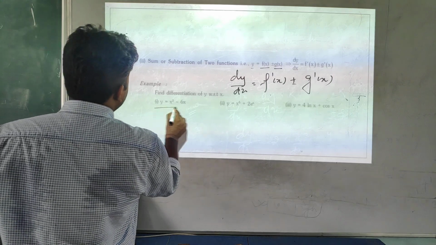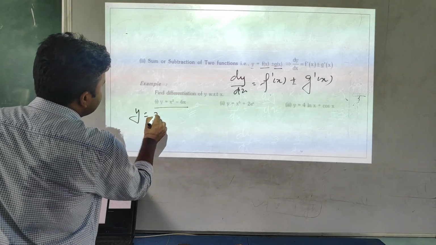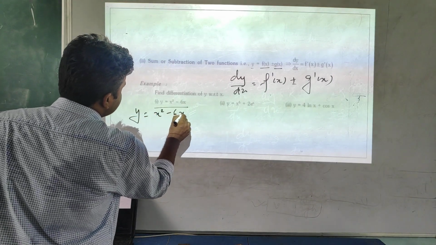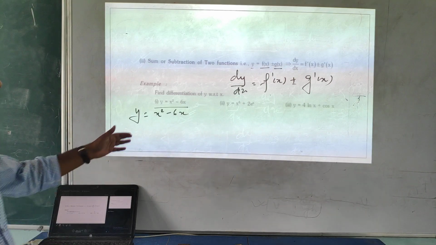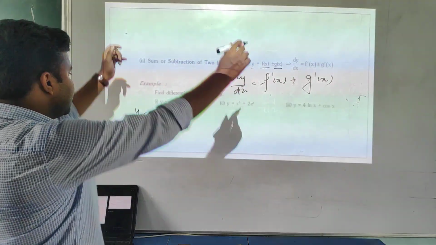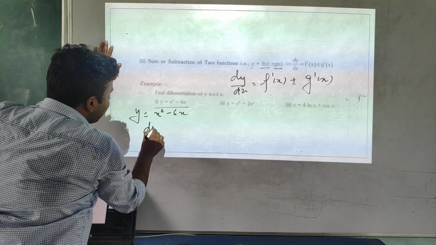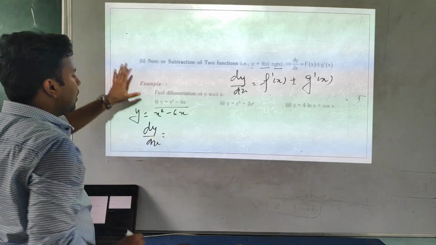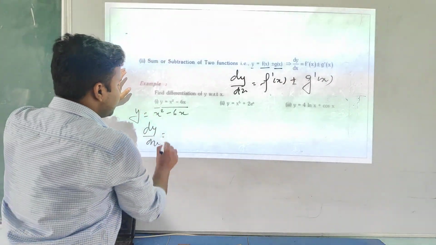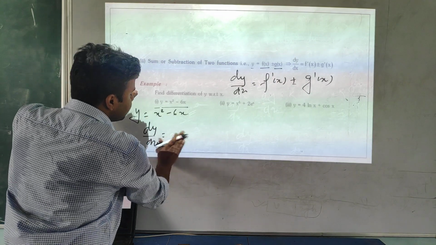Look at this, here we have a function: y equal to x square minus 6x. Now we have to find dy by dx. We all know for x to the power n, the derivative is n into x to the power n minus 1.